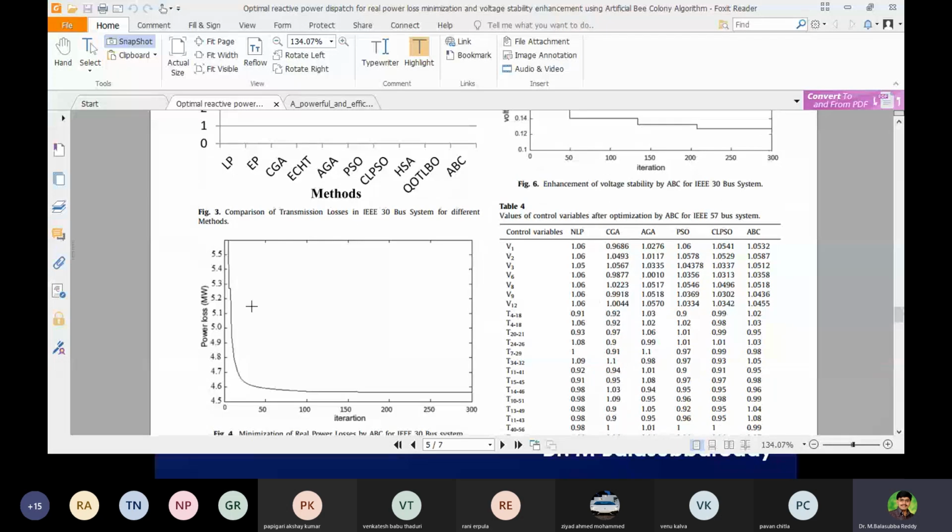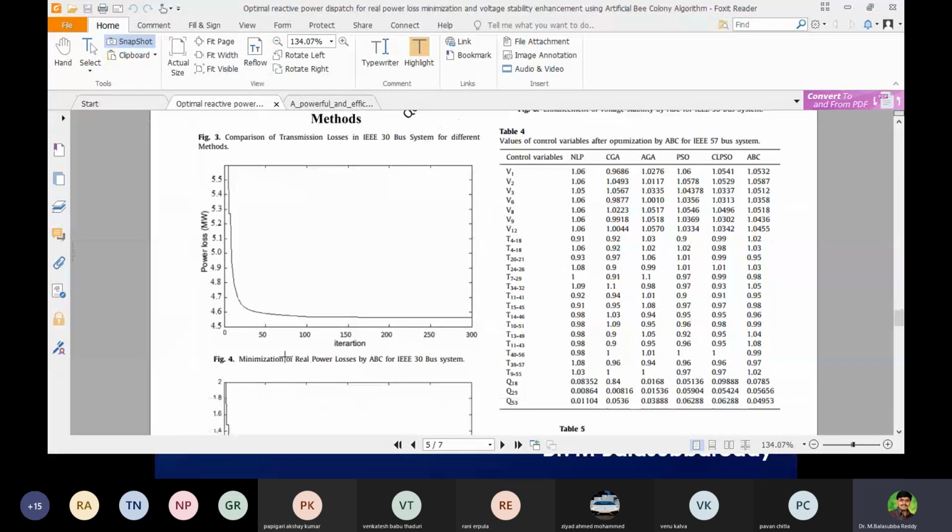If you represent the convergence characteristics, as the iteration number increases, gradually the cost is minimized and finally it reaches a stable value. That is your cost, so this is our 4 point something. This is our cost of generation.